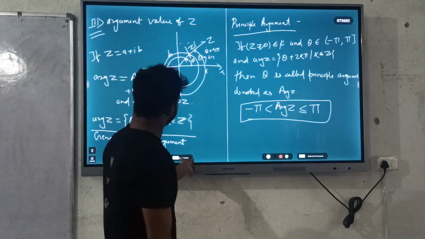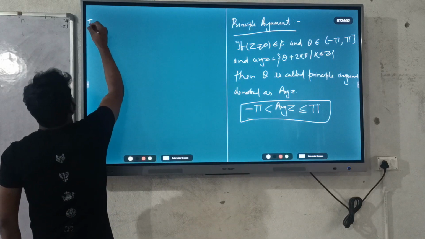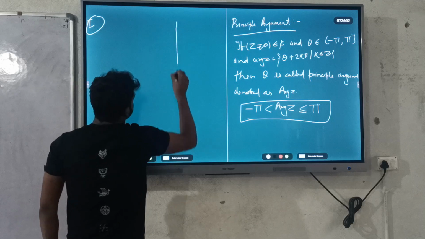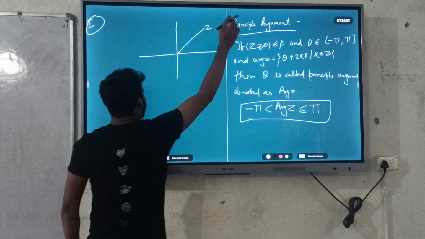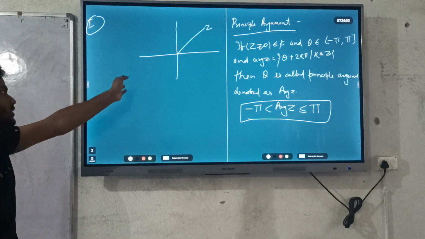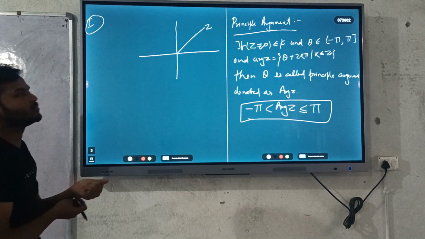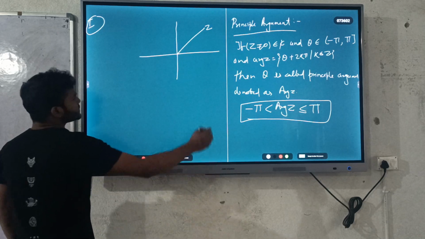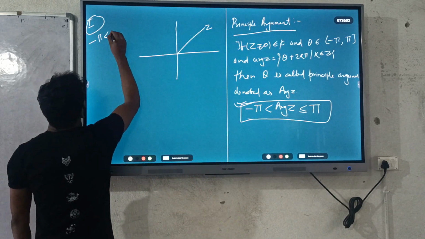Now let's see this in my Argand plane. First case, what if z lies in the first quadrant? Then how can you find the principal argument? We will see the further cases, second, third, fourth. But first, the complex number lies in the first quadrant. Remember this interval, in which the argument of z lies.